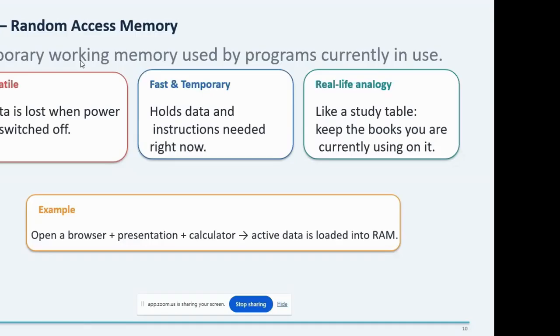When I open a Word document, that document will be residing in the random access memory, that is called RAM, right? That is why it is called temporary working memory. If you are opening any application, from the secondary storage it will be coming to your RAM. So from the RAM only, you will be able to access your data.